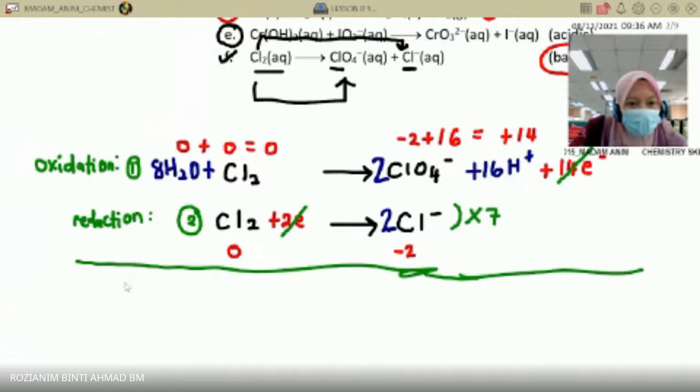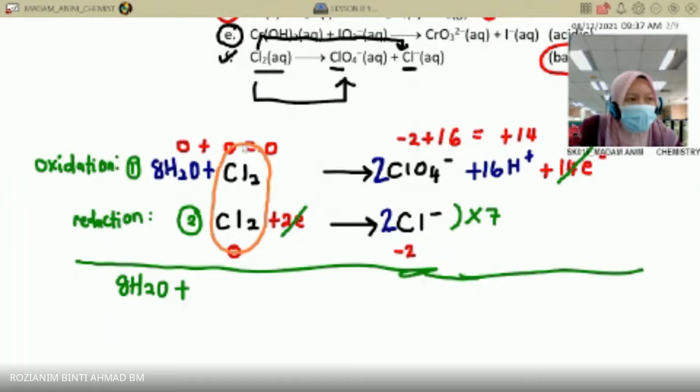So, we have left hand side 8H2O plus, okay, kita tengok dekat sini, chlorine we have a 2 side. Ni saya nak tekankan yang berlaku careless. We have the chlorine species at both equations and they are labeled at the reactant.